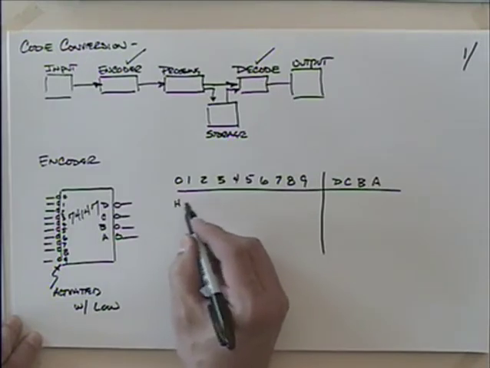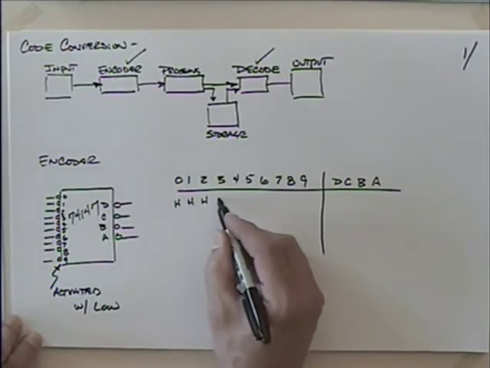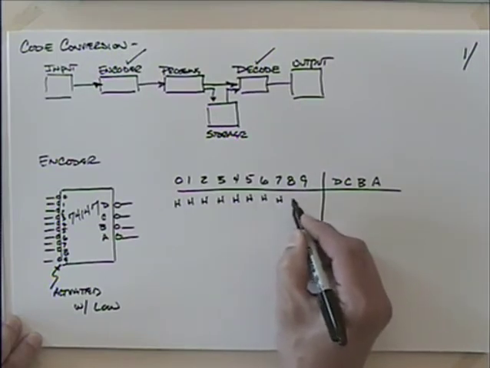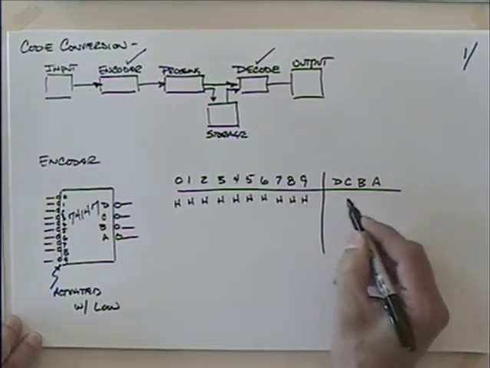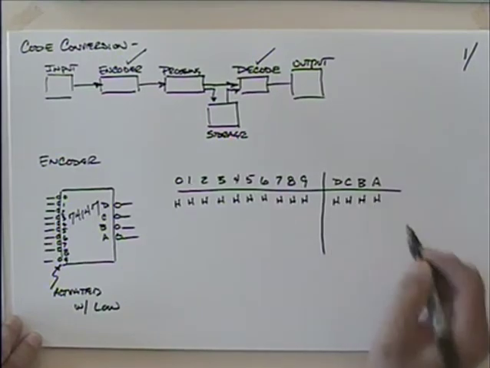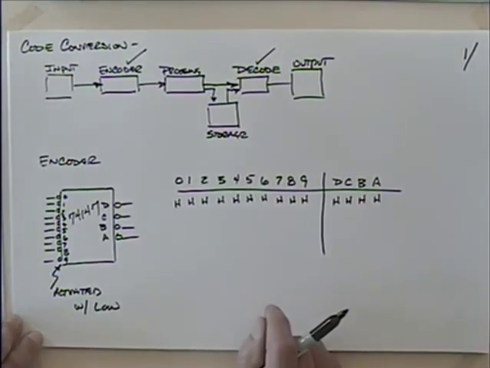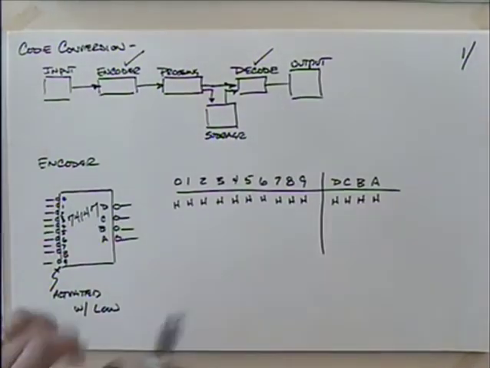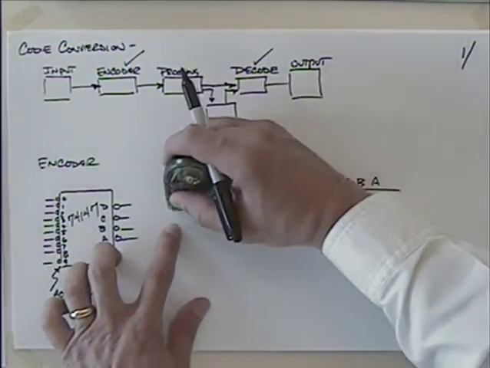So if all of these are high, it's going to activate on the first low. So if all of these are high, all of these would be high, indicating a 0. I guess we wouldn't necessarily have this one, but we'll take this off.